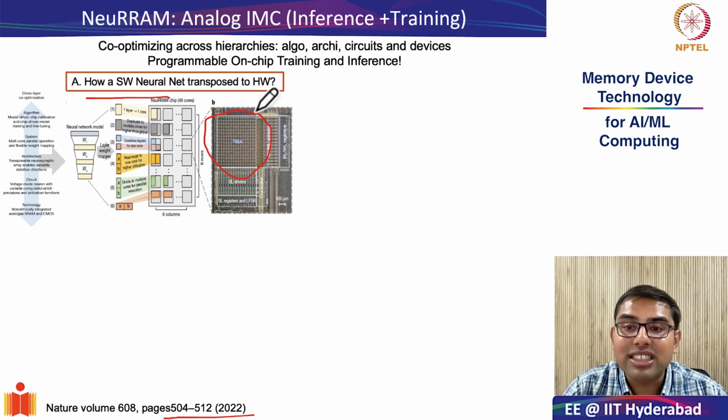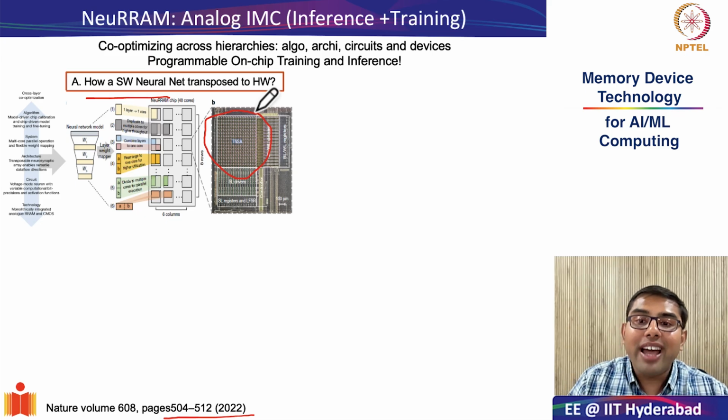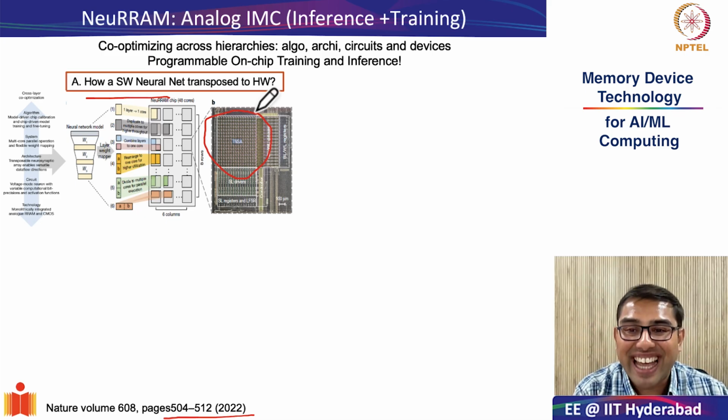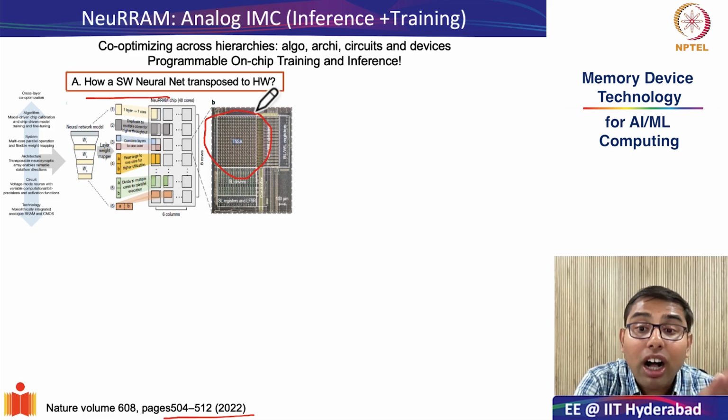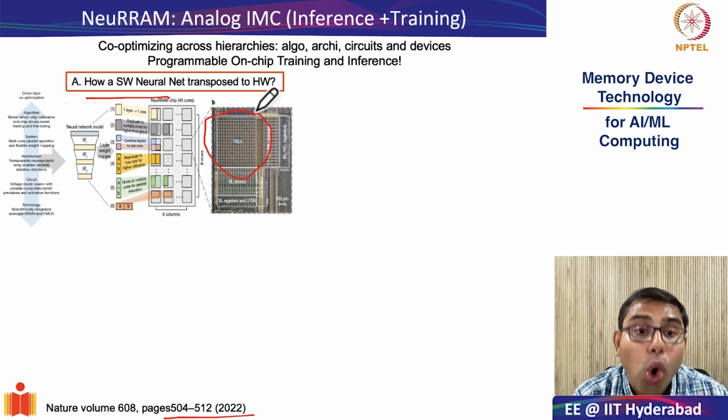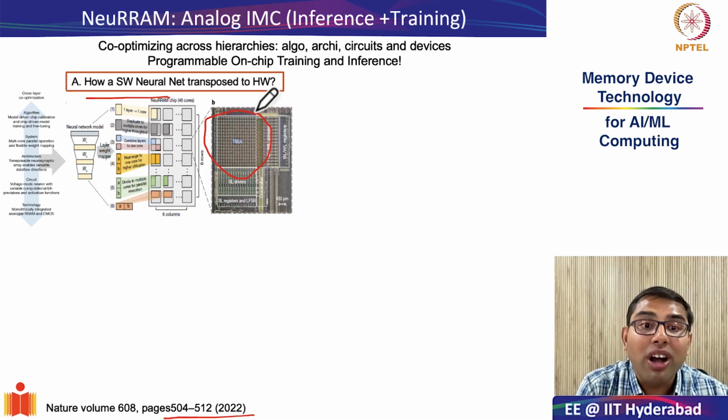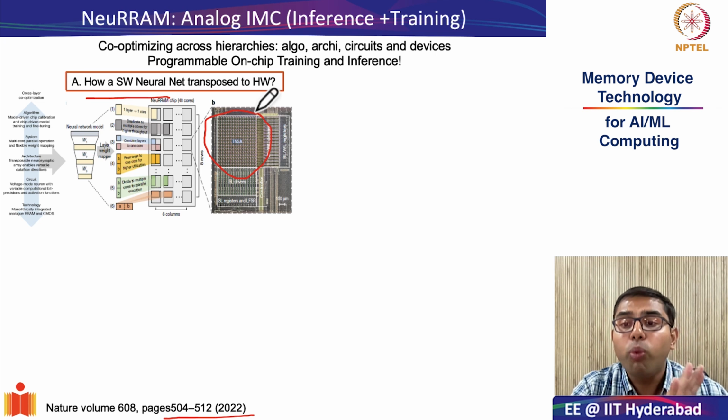As shown in this diagram, the neural network is first partitioned layer by layer, and instead of mapping the entire network into a single large array, NeuRAM distributes different layers or parts of layers across multiple cores. Remember, each core consists of this TNSA array, which can individually do vector matrix multiplication.